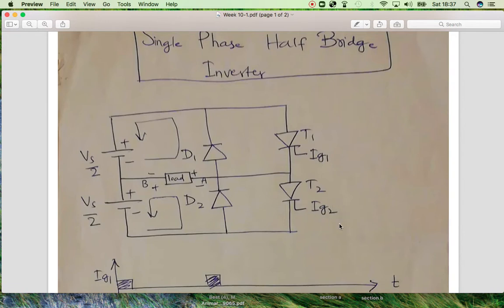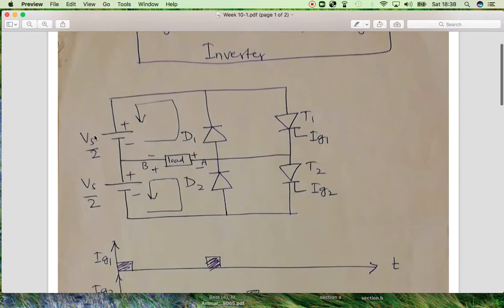I have not shown here their triggering circuits and their commutation circuits by which we can turn on and off these two thyristors. Here we have the load, and we have divided the voltage source into two halves. We have voltage over here at each of the batteries, Vs by 2.